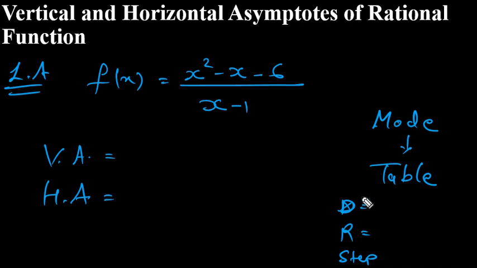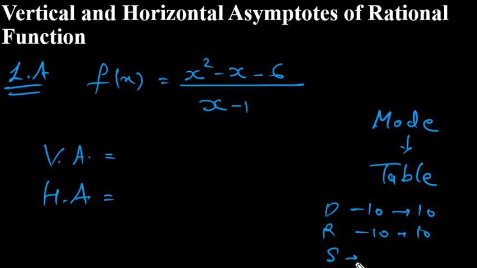Or else you can just simply decide the steps, from let's say -10 to +10. The range is actually the length for the x-axis from -10 to +10. Similarly, do that for the domain and then range, and take the step as 1.